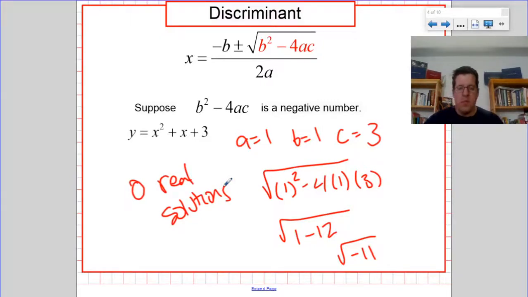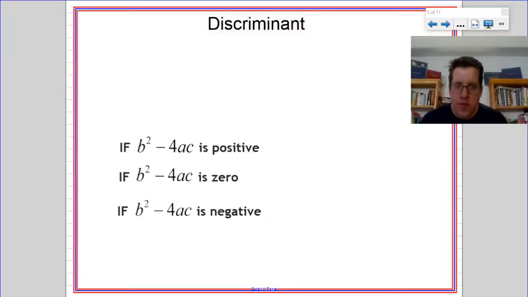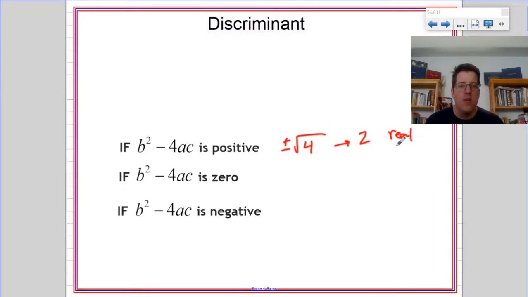So, to summarize that, we now know what happens if the discriminant is positive, if it's 0, and if it's negative. And that's all the possibilities there are. All right, so here's a summary for you. If b squared minus 4ac is positive, your equation is going to have plus or minus the square root of some positive number. That's going to give you 2 real solutions.